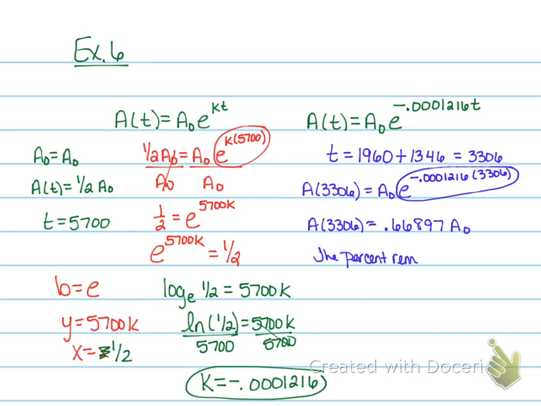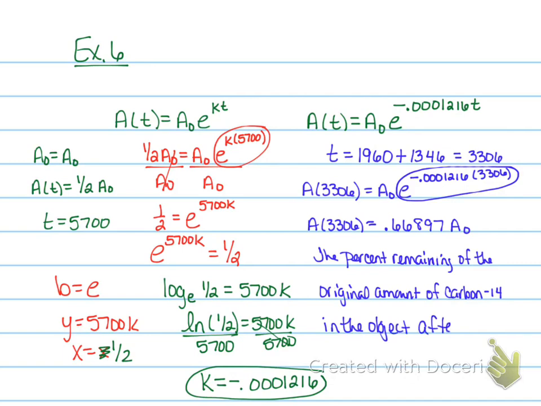So the percent remaining of the original amount of carbon-14 in the object after 3,306 years is 66.897%.